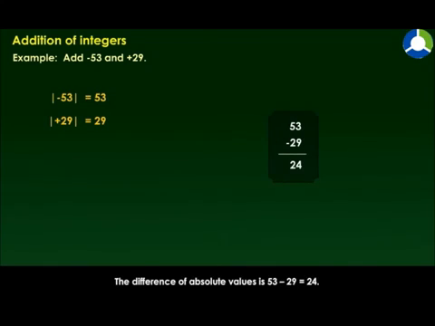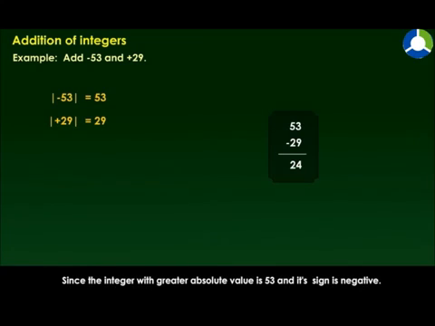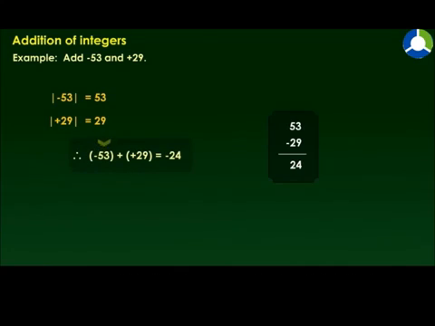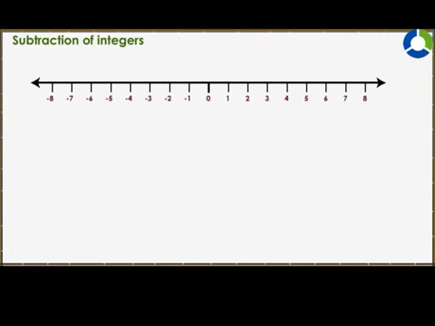The difference of absolute values is 53 minus 29 equals 24, since the integer with greater absolute value is 53 and its sign is negative. Therefore, negative 53 plus positive 29 equals negative 24.